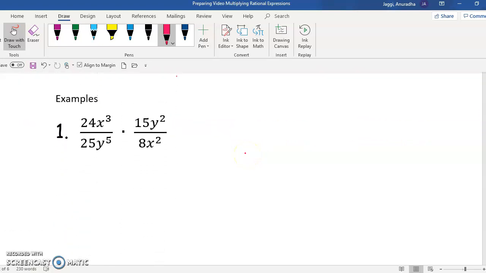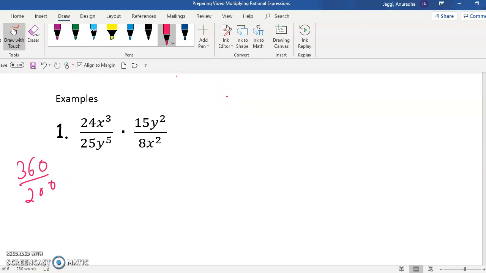Now, more examples on multiplication of rational expressions. So these are the two rational expressions we are multiplying. There are numbers involved here. So you can multiply 24 with 15 and get 360, and you can multiply the two numbers in the denominator, 25 with 8, and you can get your 200, and you can find a common factor.